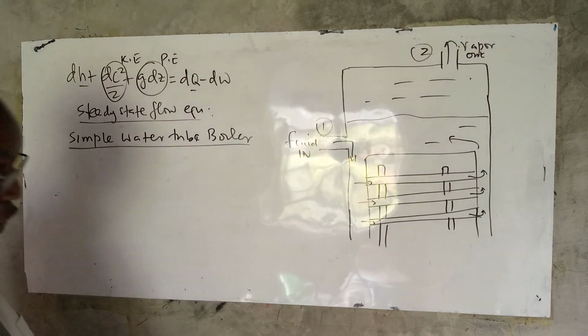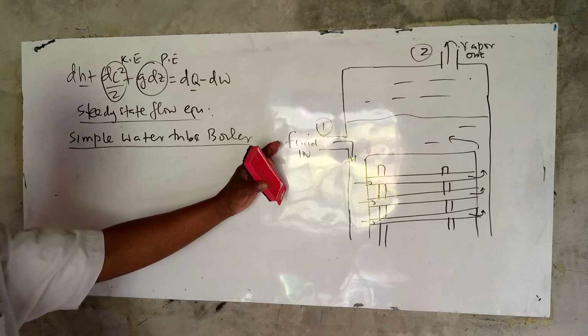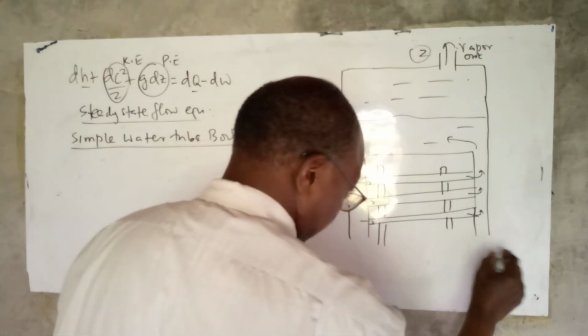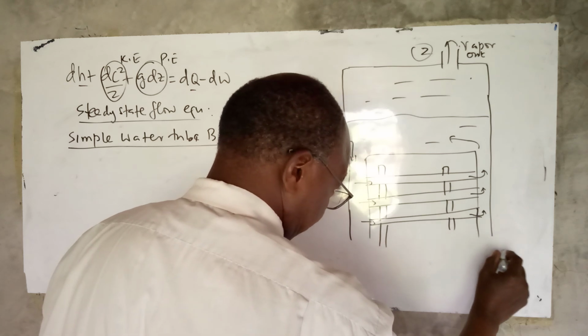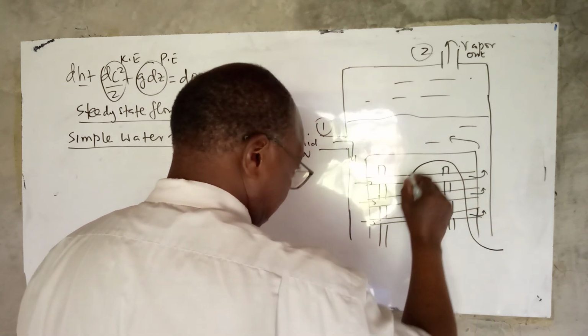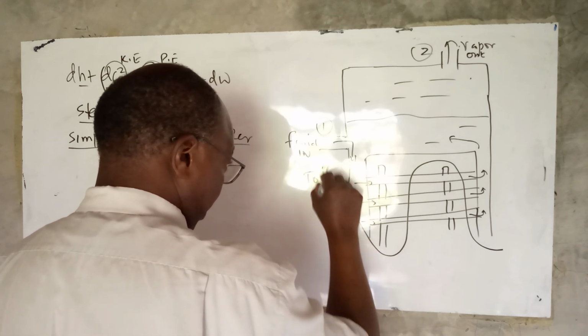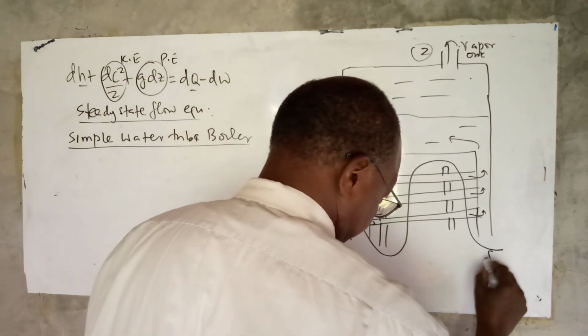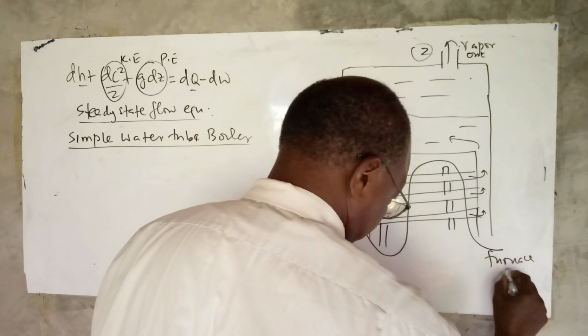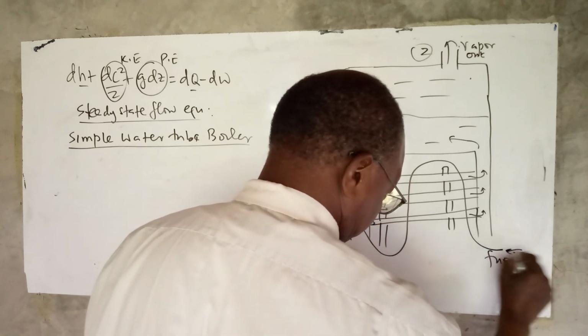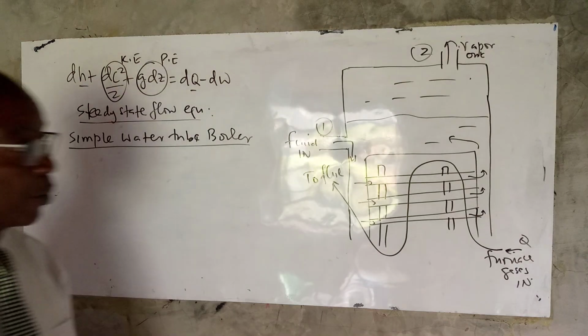So this is just an illustration. So we have the fluid coming in and vapor leaving out. So we have the furnace gases. This is the flue. This is the furnace. This is in, because there's the heat.